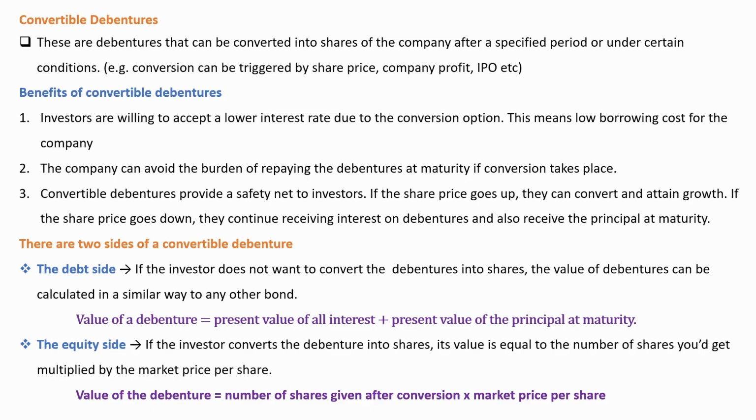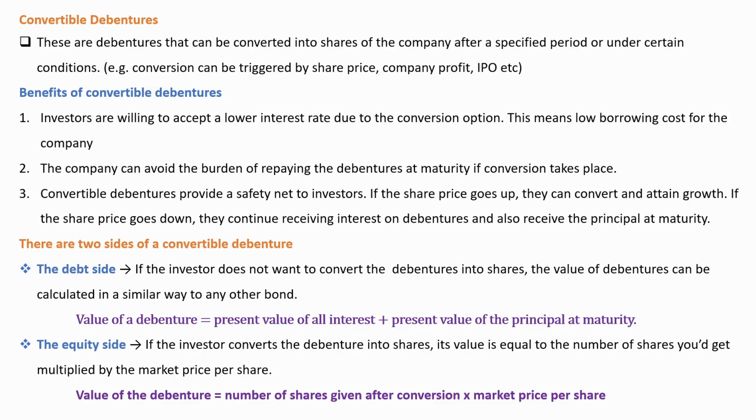So before I show you how to find the value of a convertible debenture, let us start by having the basic understanding of what is a convertible debenture. So this is the meaning of a convertible debenture. These are debentures that can be converted into shares of the company after a specified period or under certain conditions.